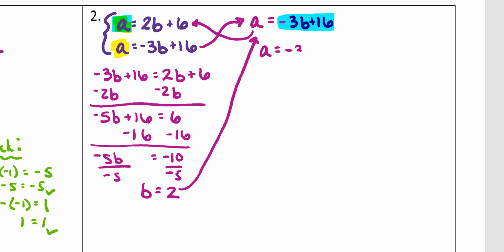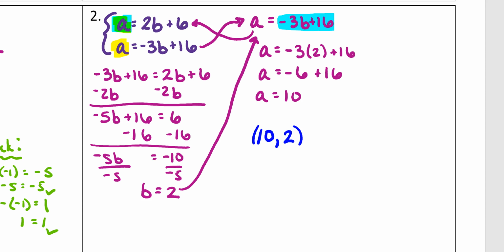A equals negative 3, and we're going to plug the 2 in right there, and then we're going to have plus 16. So a equals negative 6 plus 16, which means a equals 10. Now, this time we don't have x and y, so that means we have to go alphabetical. A comes before b in the alphabet, so you're going to have 10, 2.